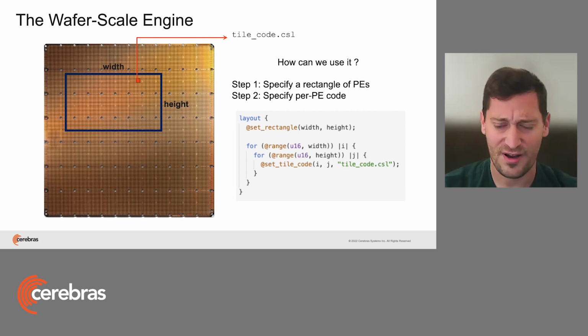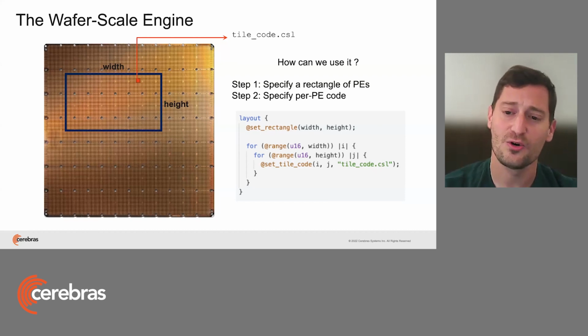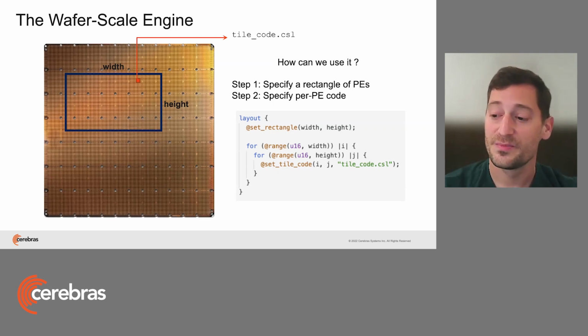We can use the whole fabric if we want to, all 850,000 cores. And then step number 2 is to specify the code that we want to execute on each individual PE, as you see in this loop there, where we specify the code in the tile code file to be the one executed by each of the PEs within the rectangle that we outlined here.